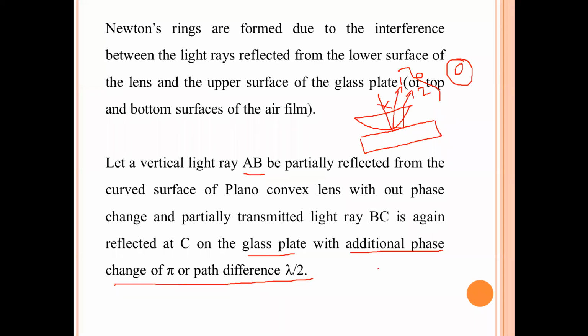Actually, this concept we also discussed in interference in thin films. Whenever a light ray travels from a rarer to a denser medium, it undergoes an additional phase change of pi. Due to that, the light travels some additional path equivalent to lambda by 2. We already discussed this topic clearly in the last class.